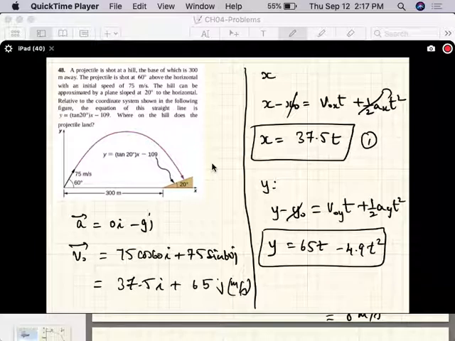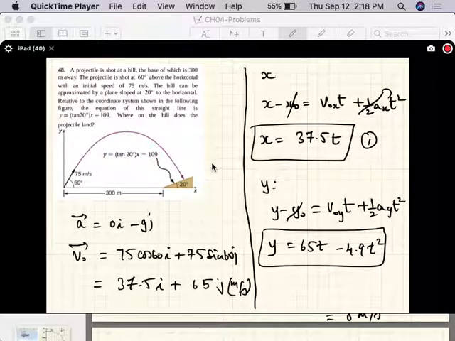Now here's the problem. We seem to have three unknowns, x, y, and t, and we can't solve for this. So we need a third equation, and the third equation is that, as long as the shell lands on the hill, this x and y are related like that.